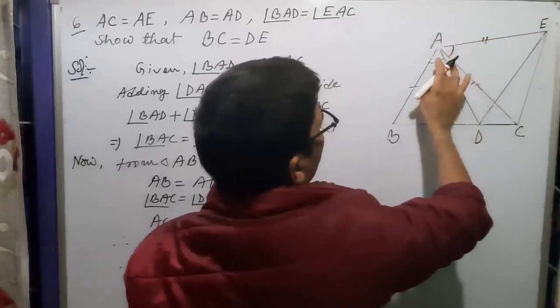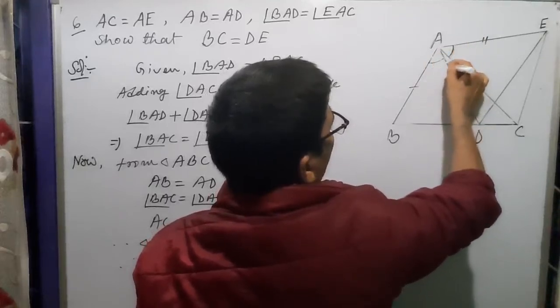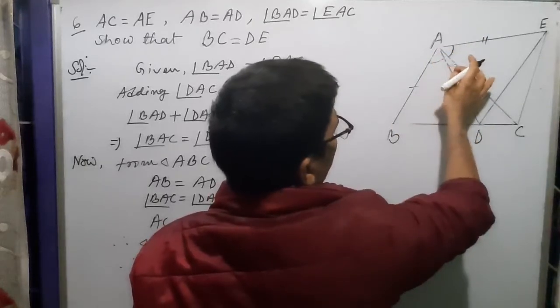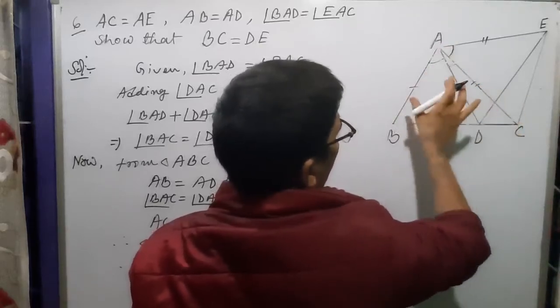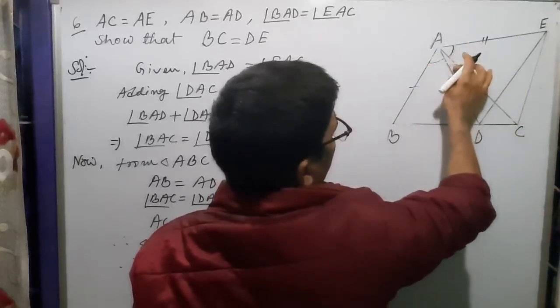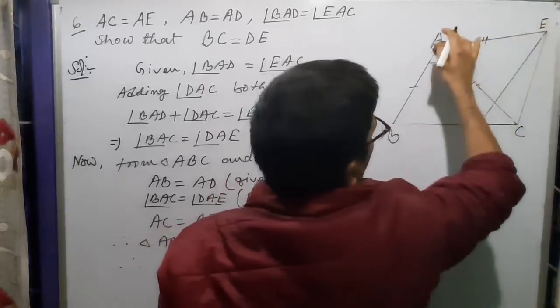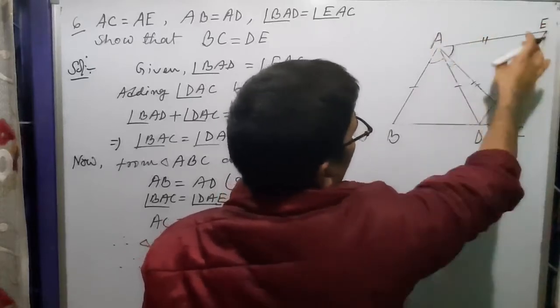So what we have to do, we have to add this middle angle to both these angles. Then we will get BAC, which is our triangle's angle. Again, if we add this middle angle to this, then it will be EAD. This whole angle will be our angle of triangle ADE.